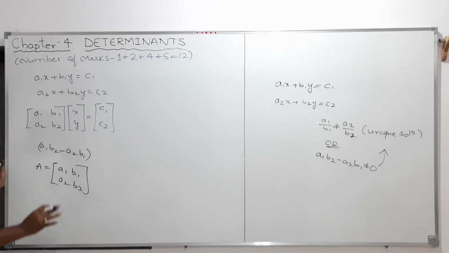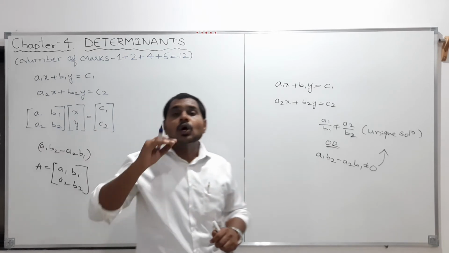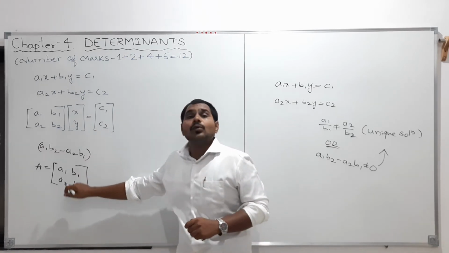So therefore, my dear students, for any given square matrix A, please remember the determinant value is possible only for square matrices.